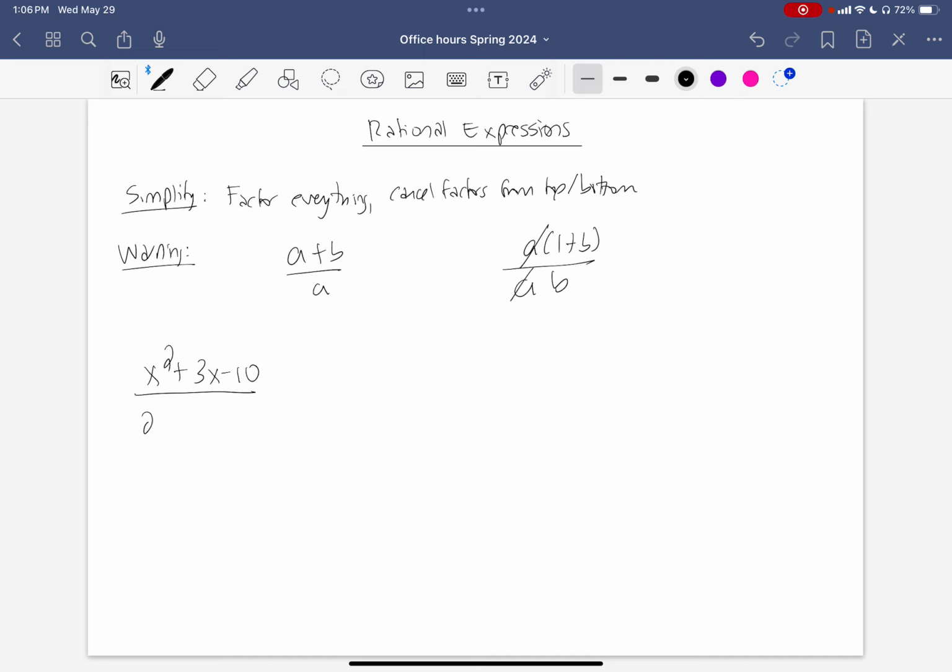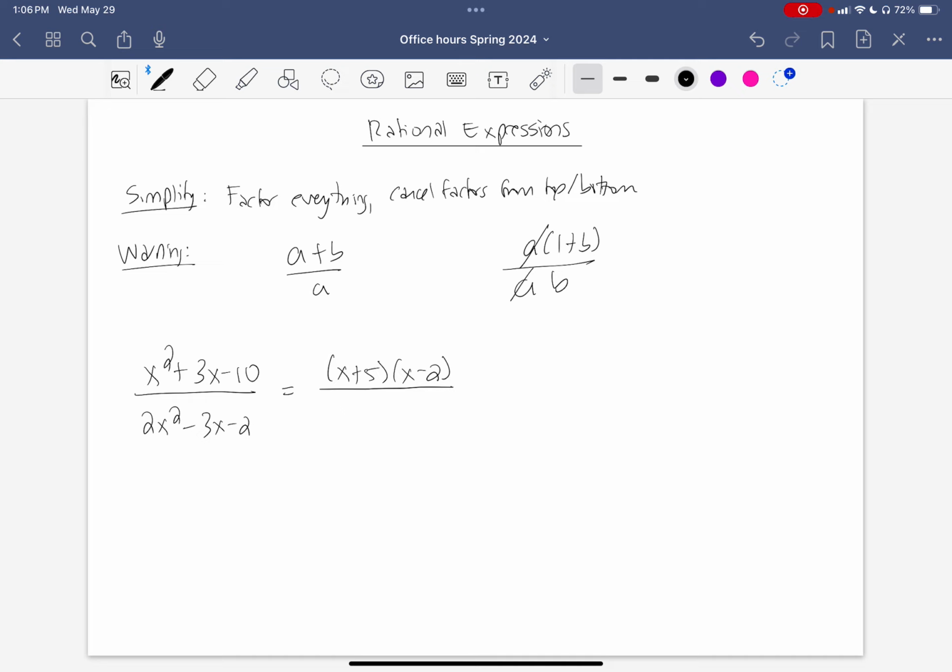All right, so our example of simplification will be to look at this problem. The first thing we have to do is, again, factor and cancel. This is one of the reasons, of course, that we were stressing so much about factoring in the previous video. On top, it factors as x plus 5, x minus 2.